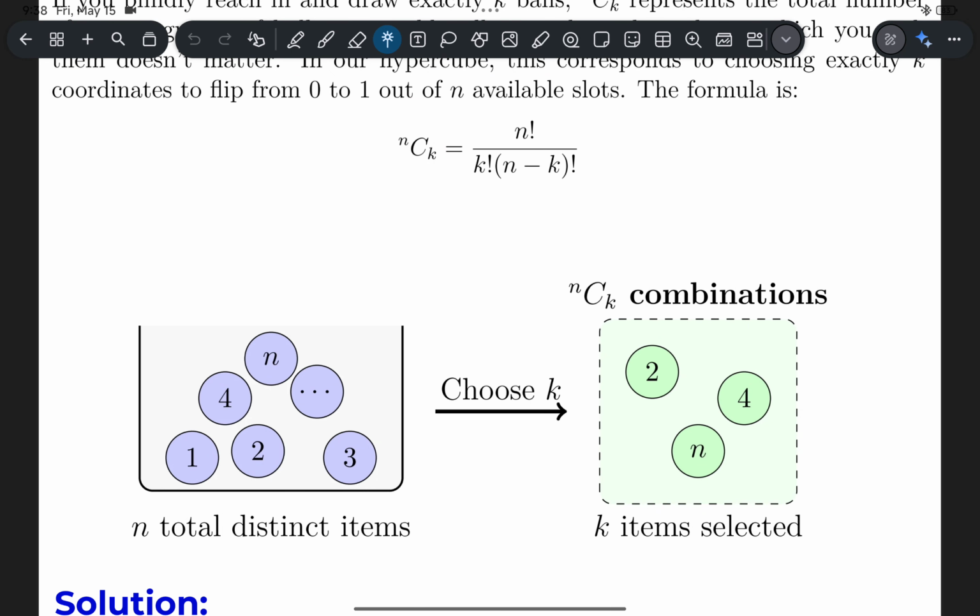This formula is n factorial by k factorial into n minus k factorial. It is just the number of ways you'll pick the objects if the order of picking is not necessary.